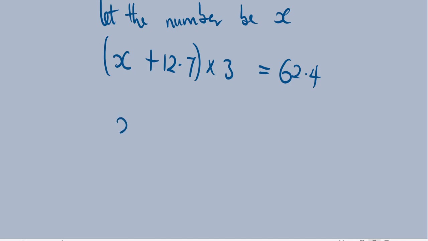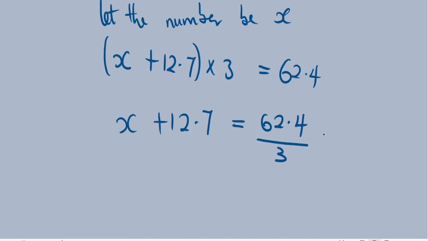You do x plus 12.7 is equal to 62.4 divided by 3. Now 62.4 divided by 3 is what? It will give you 10.8.